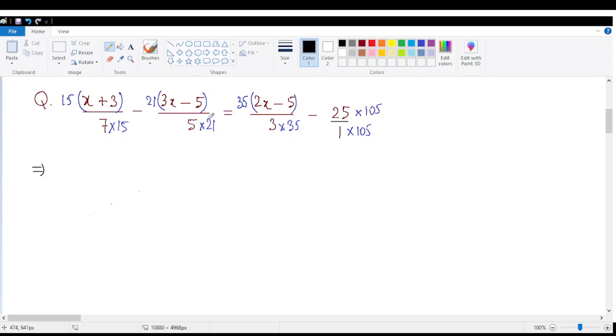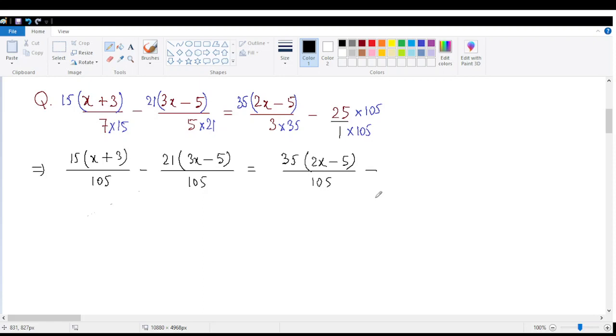So now what are we getting? 15 times (x plus 3) over 105, minus 21 times (3x minus 5) over 105, equal to 35 times (2x minus 5) over 105, minus 25 times 105, that should be 2625, over 105.